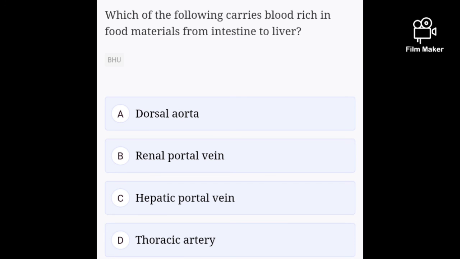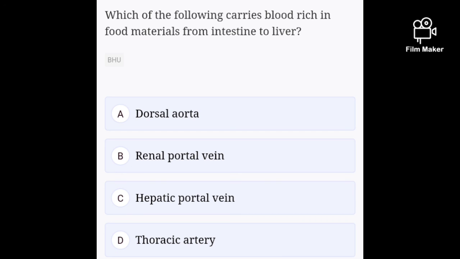Which of the following carries blood rich in food materials from intestine to liver? Option A, dorsal aorta. Option B, renal portal vein. Option C, hepatic portal vein. Option D, thoracic cavity. Hepatic portal system is made up of hepatic portal vein.